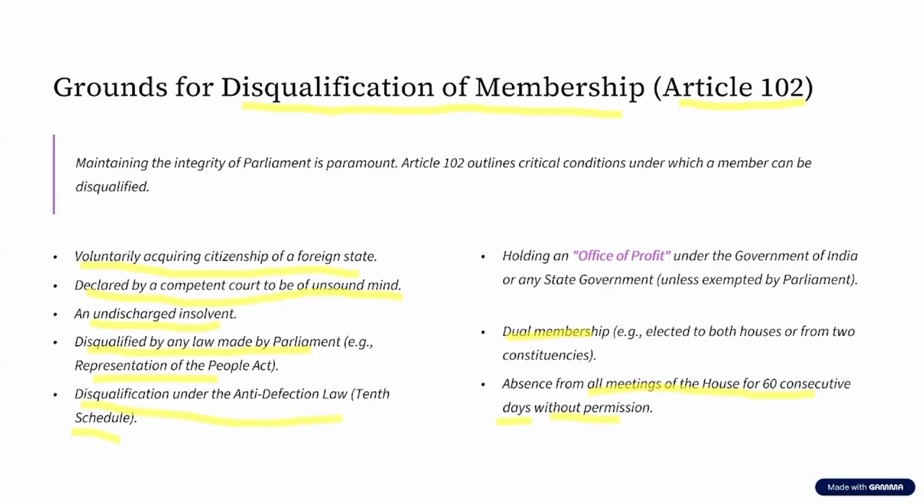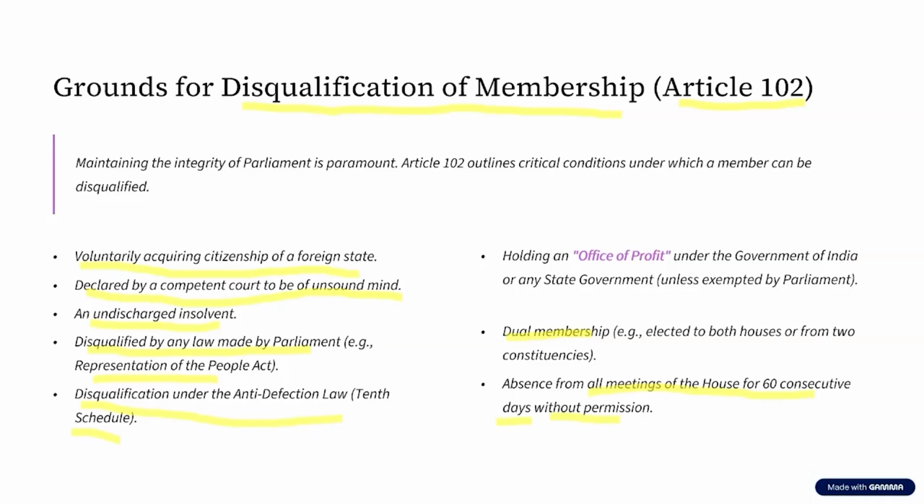Now, can this be considered ethical or moral? The answer is no. Why? The reason is simple. He became a member of parliament under the name of one political party, but now he is jumping to another political party. This jumping from one political party to another is what we call anti-defection.